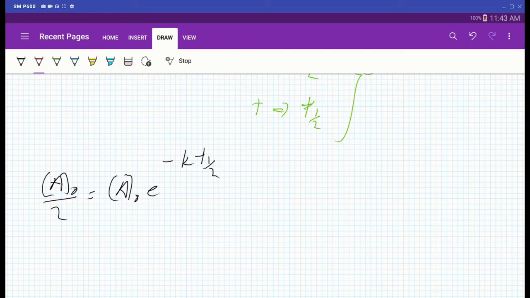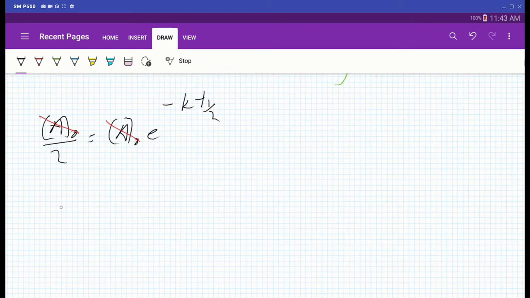What we see is that A naught cancels out, and we're left with 1/2 is e to the minus kt 1/2.